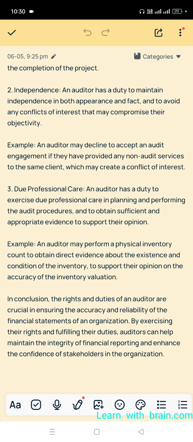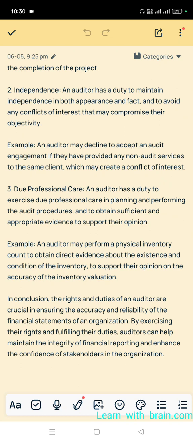Next, the third duty, due professional care. An auditor has a duty to exercise due professional care in planning and performing the audit procedures and to obtain sufficient and appropriate evidence to support their opinion.